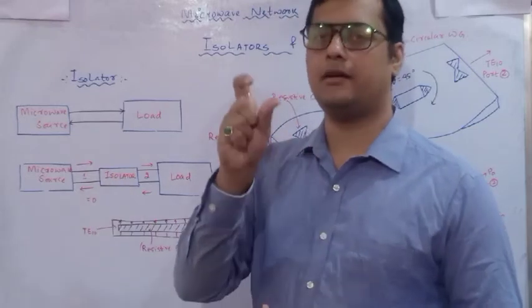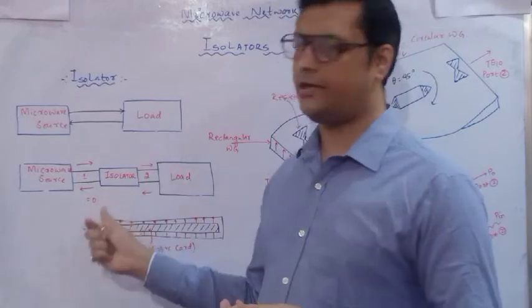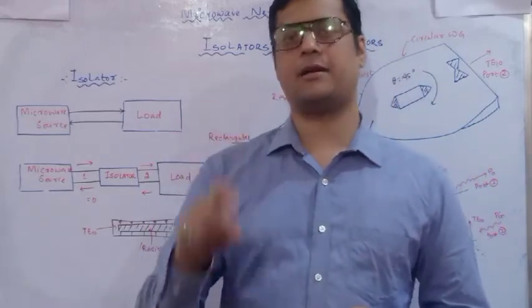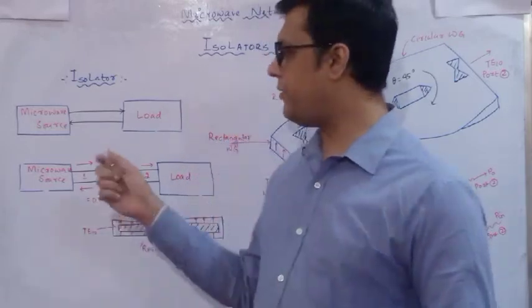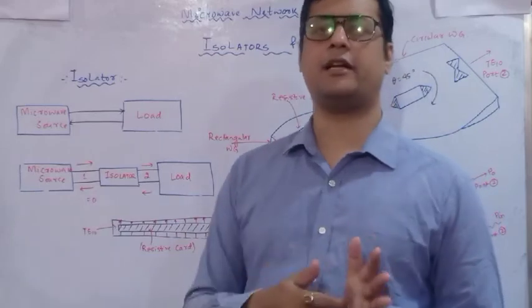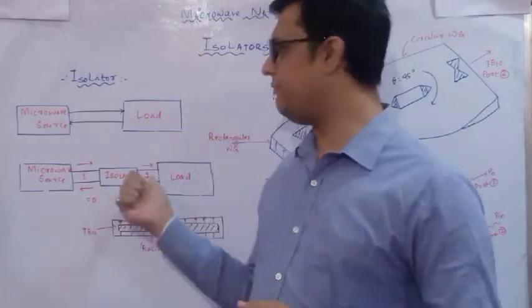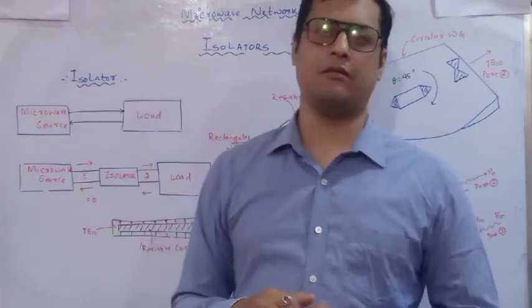It has a small element called a ferrite element. Always remember this: in the isolator and in the circulator, we have a ferrite material. These ferrite materials are good absorbers of magnetic field. So when we propagate microwave fields, meaning electric field and magnetic field, it will absorb the reflected magnetic field in a particular direction. It will only provide it in one particular direction.